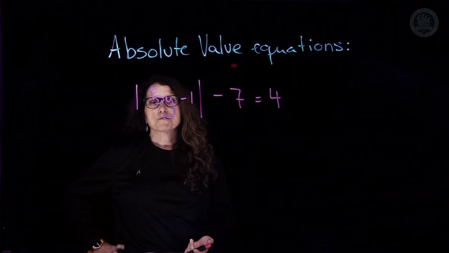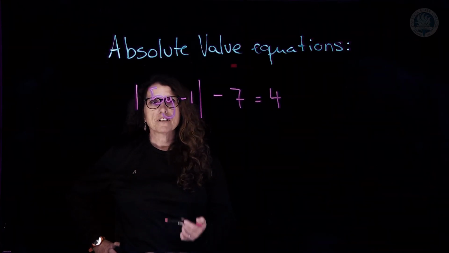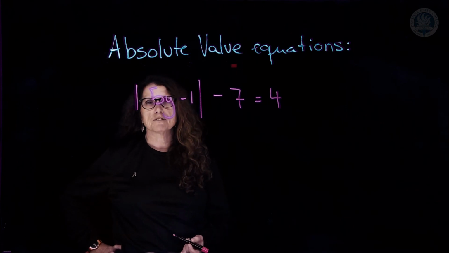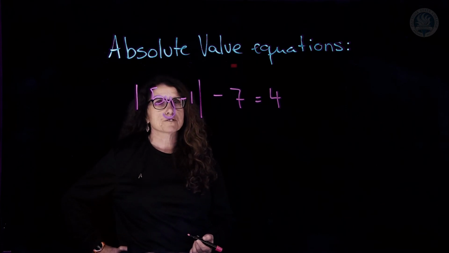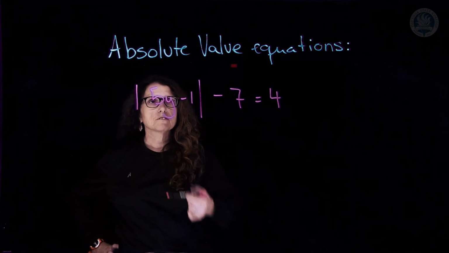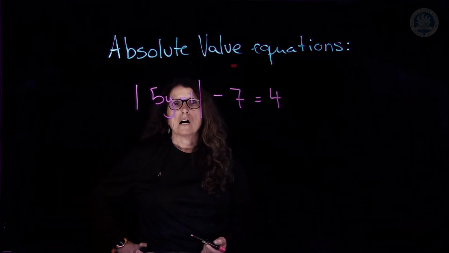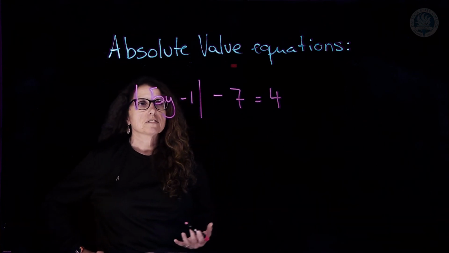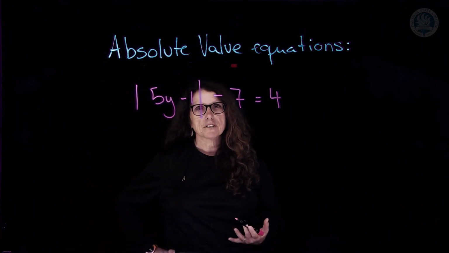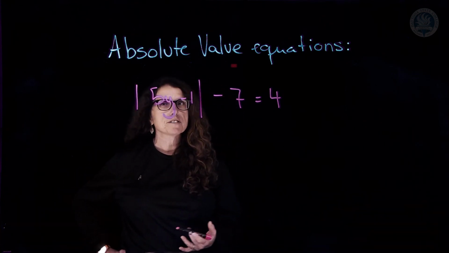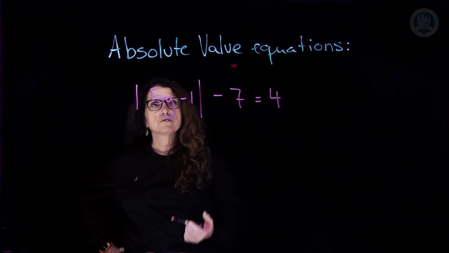We're looking at absolute value equations now. Here's an example. We have the absolute value of 5y minus 1, in absolute value bars, minus 7 equals 4. How do we solve these absolute value equations? Well, the first step is to isolate the absolute value bars.